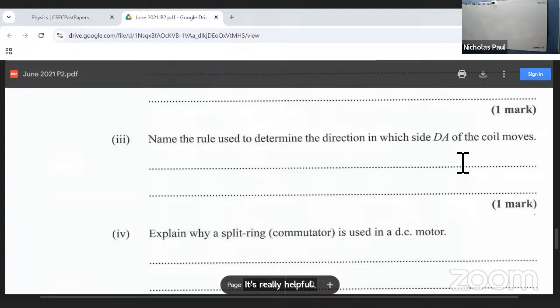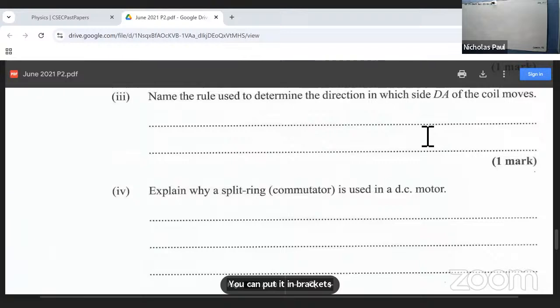Be ready. Name the rule: Fleming's left-hand rule. You can put it in brackets.